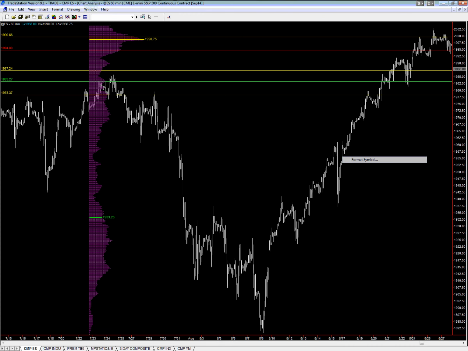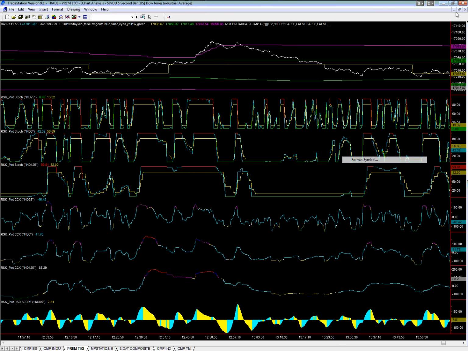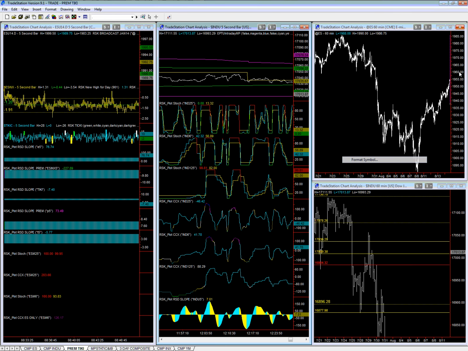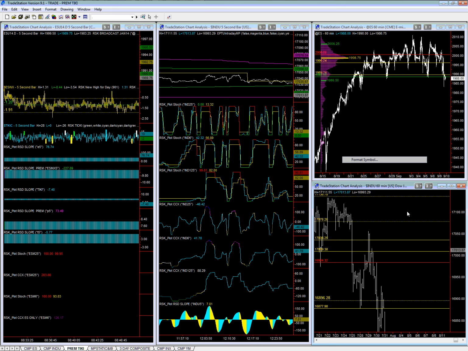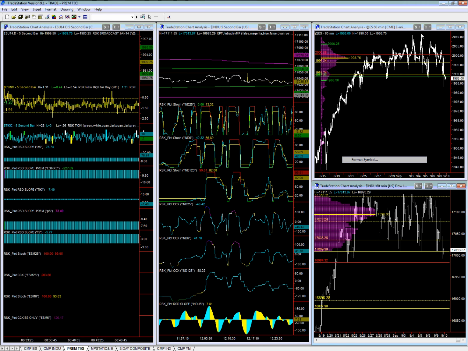On our primary trading chart, and I've just created this so that you can see all of what we have. We've got the composite market profile here on the Dow. It's over here. So both the Spoos as well as the Dow are showing up along with all of our other indicators.